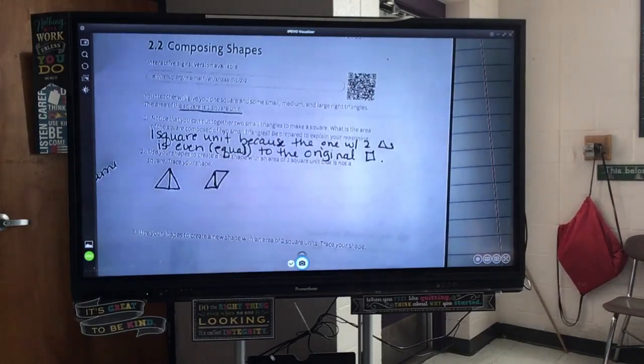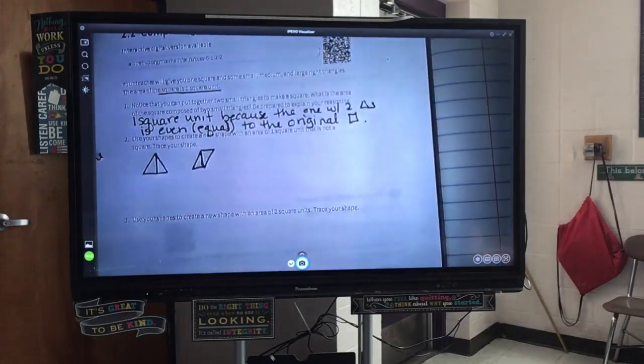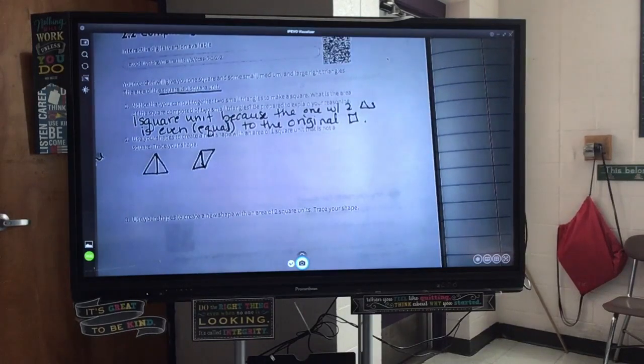So pay attention to what it's asking you. Do not lose the ability to manipulate these shapes or whatever you want to call them, because it's going to make this lesson a lot easier. Also, don't try to be rocket science. Keep it simple. I'm not asking for rocket science today. Maybe tomorrow, but not today.